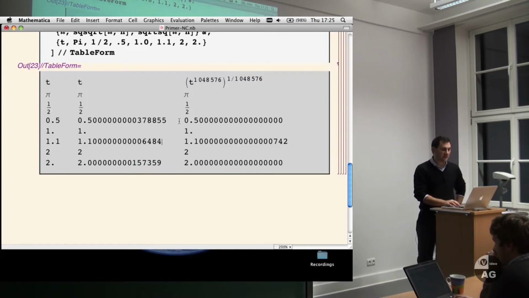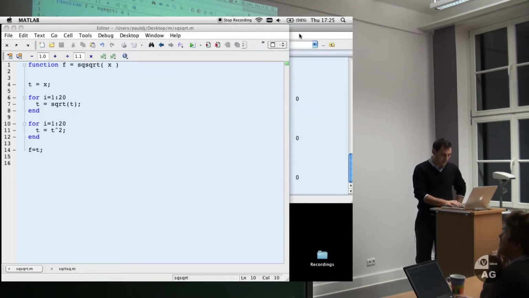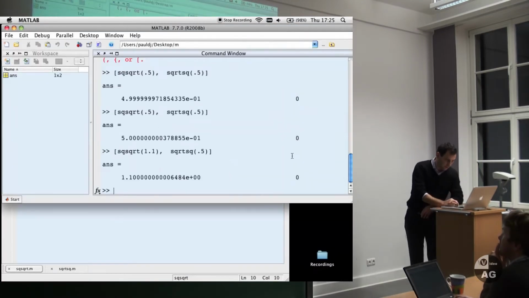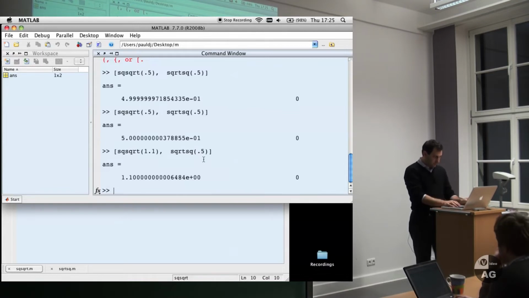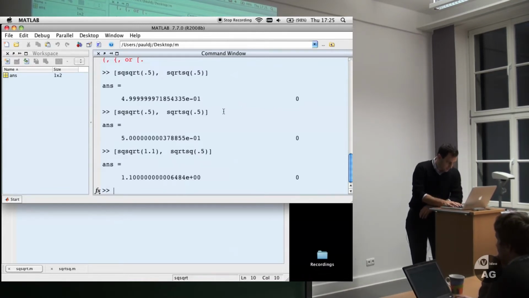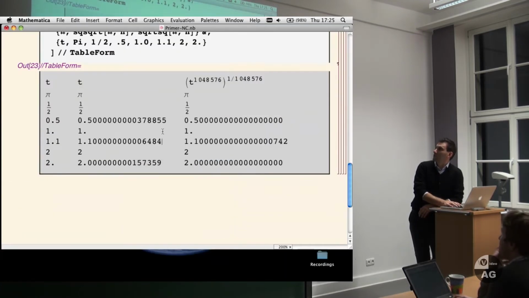Now, the funny thing is that on this other column, things are not the same at all. So over here we get 0. Over here we get the exact result.